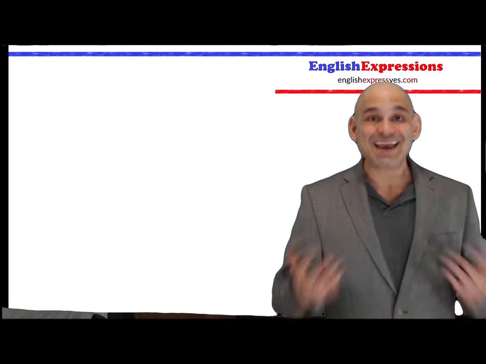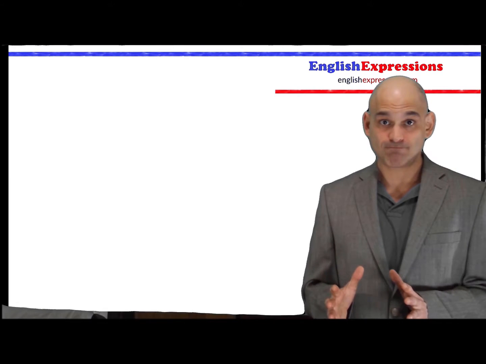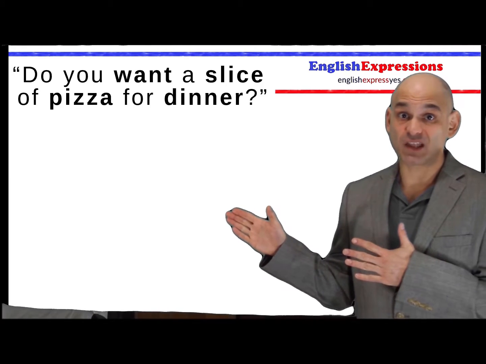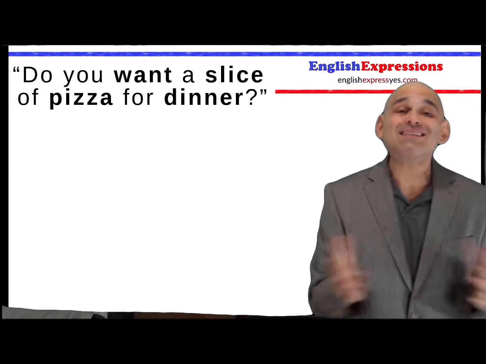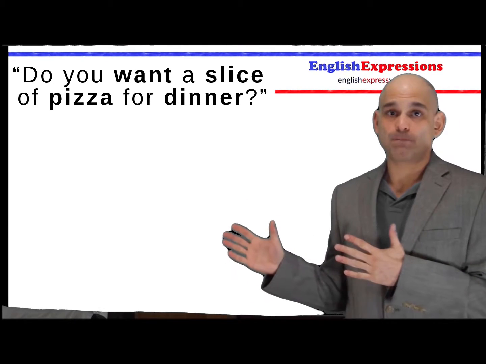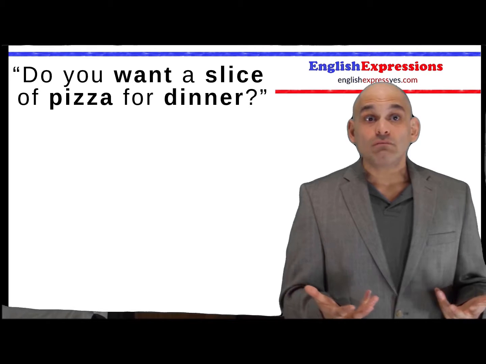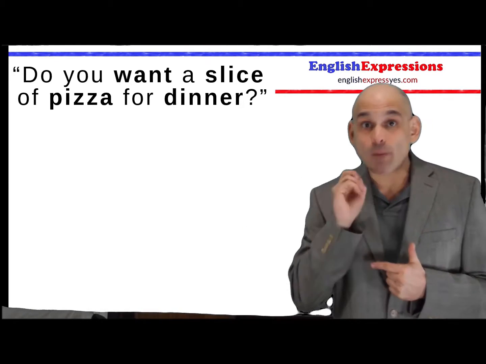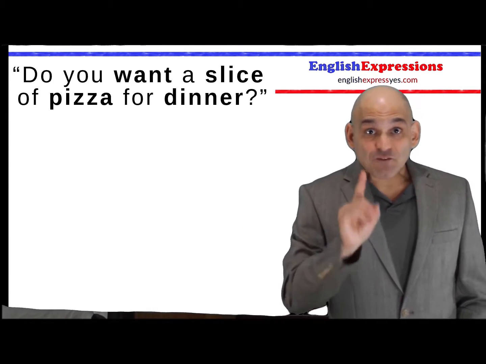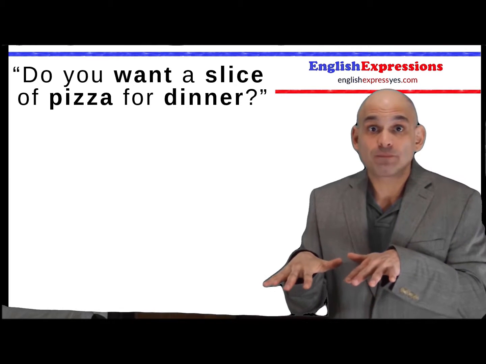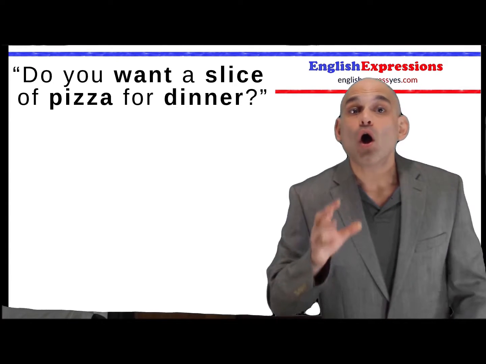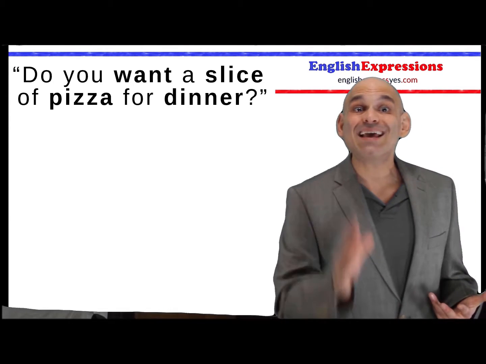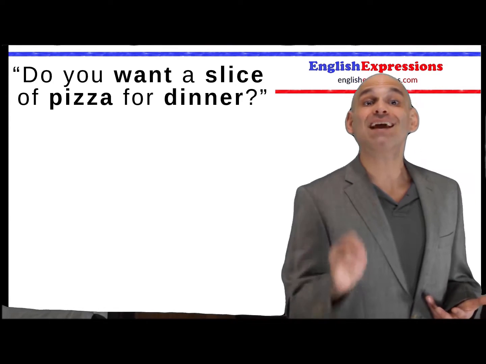Okay, so let's take an example sentence. Do you want a slice of pizza for dinner? Okay, so let's say that you are an English student and you don't say this sentence properly. Now, if you are a lower level student, but you want the person to understand, all you need to do is say only the content words.